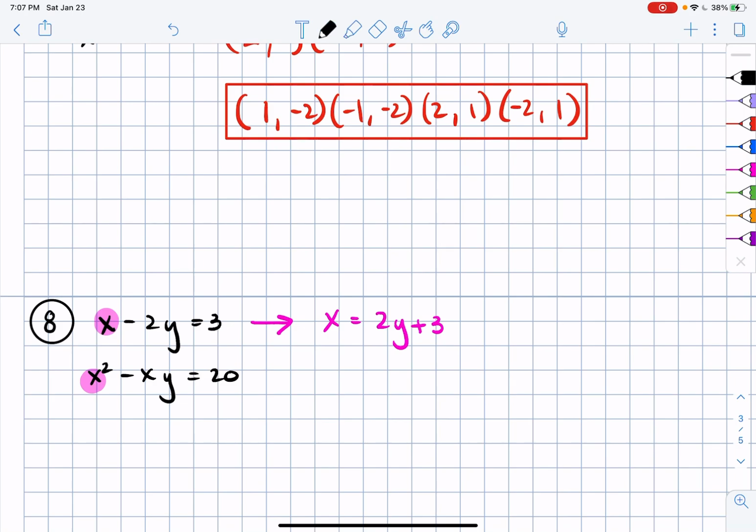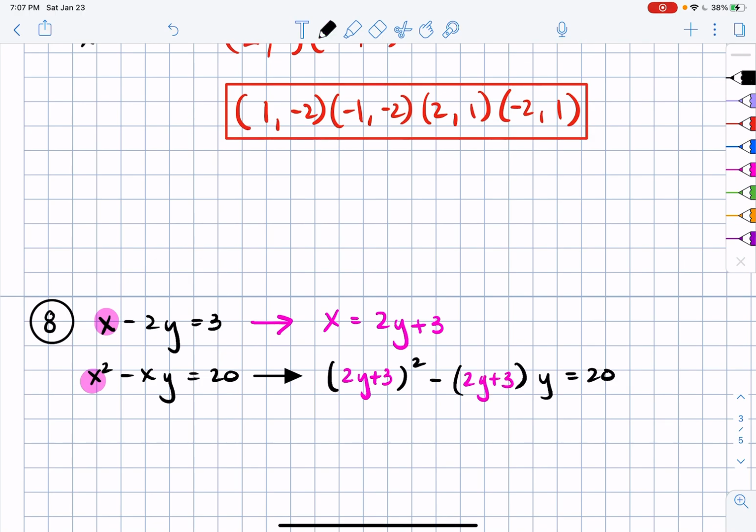So I'm going to have that squared minus that times y is equal to 20. So I have to replace that x with 2y plus 3.